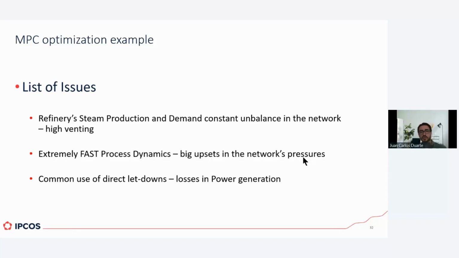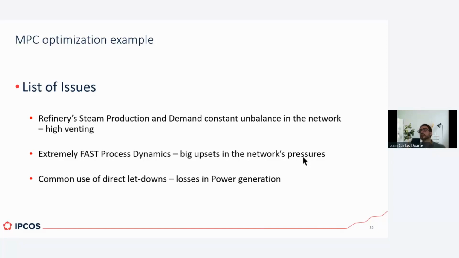It is an extremely fast process dynamic kind of process, which is an interesting thing to mention because this is still advanced process control, but it was running at a much faster frequency. And then of course we have the common use of direct letdowns, which in this case also go against the power generation.